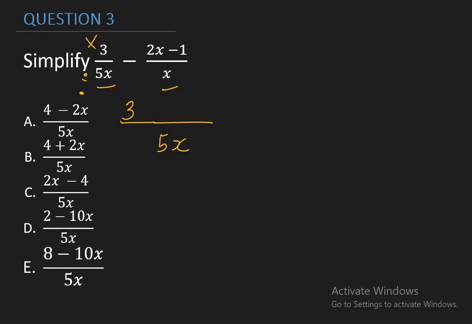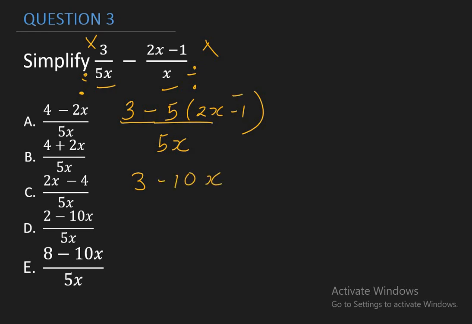Alright, so we have the minus. To the next fraction, we will divide with the denominator and multiply with the numerator. So 5x divided by x is 5. Now you use 5 to multiply the numerator, which is 2x minus 1. So this will give me 3, minus 5 times 2x will give me minus 10x.